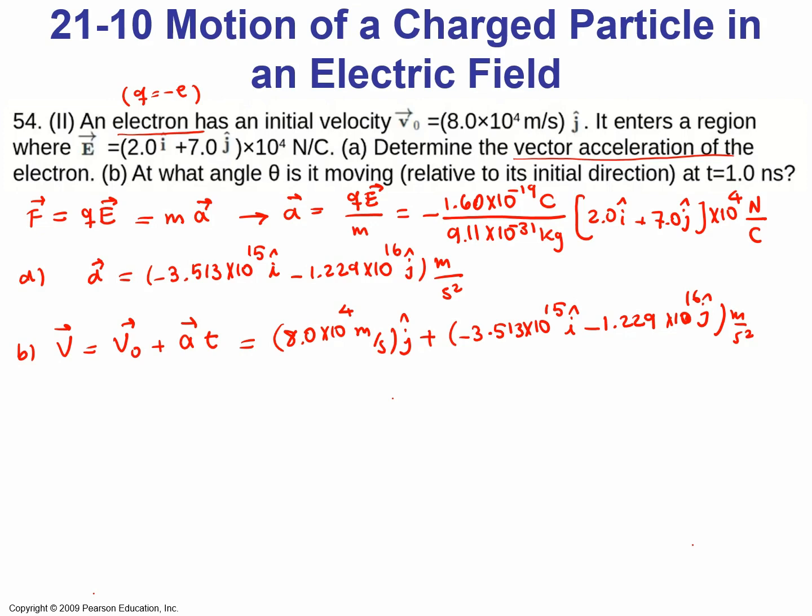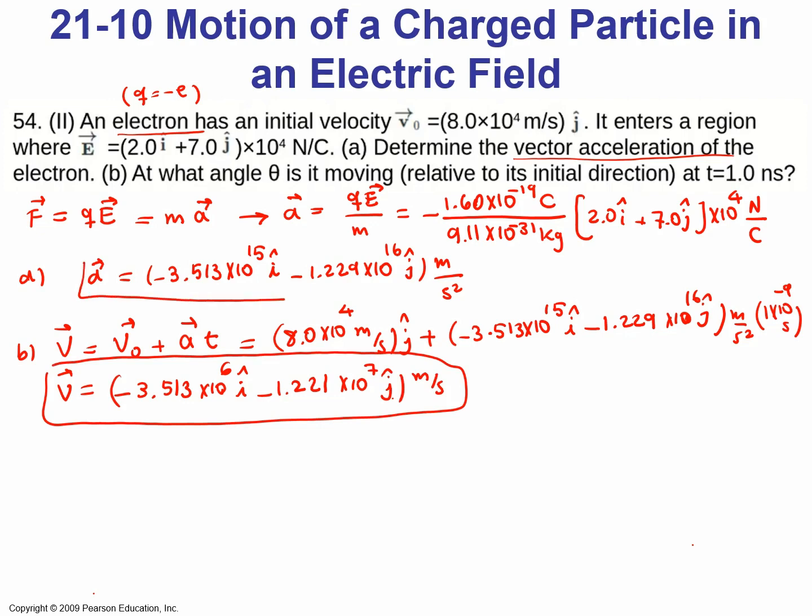And we should multiply it by time, which is 1 times 10 to the power minus 9 second. If we do the calculations, the velocity vector will be minus 3.513 times 10 to the power 6 along i hat minus 1.221 times 10 to the power 7 along j hat. The unit is meters per second.